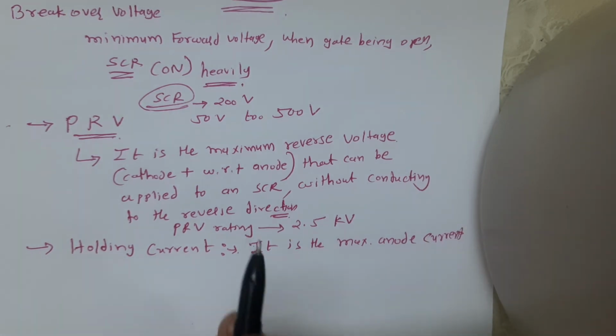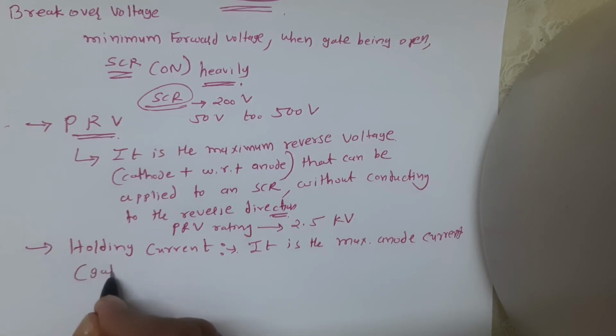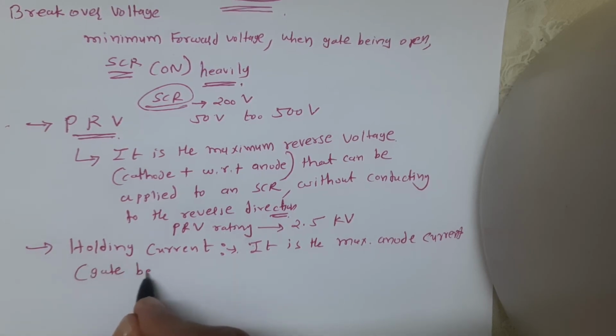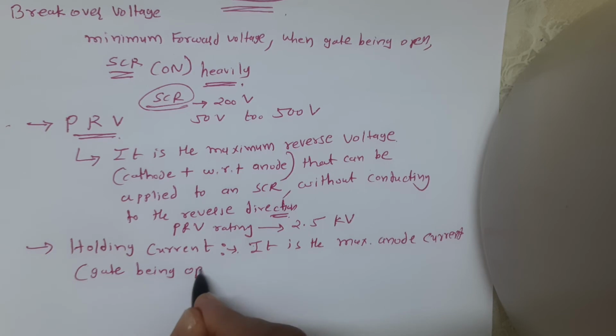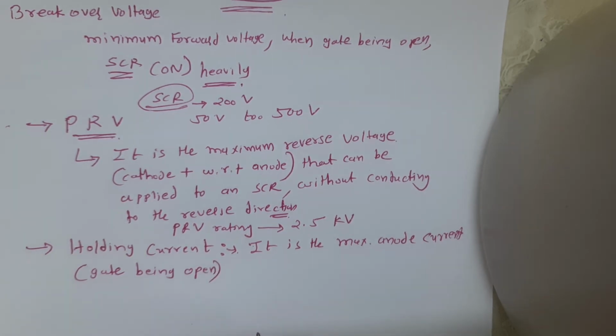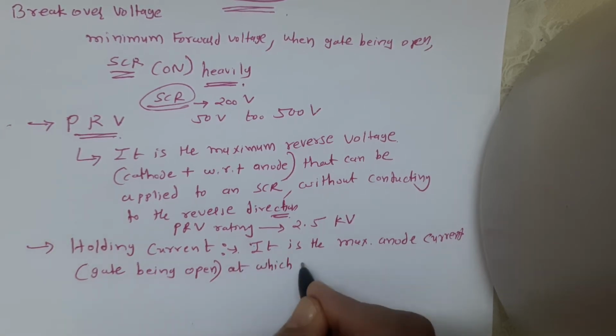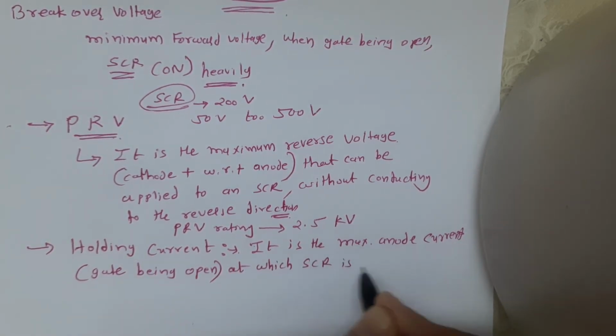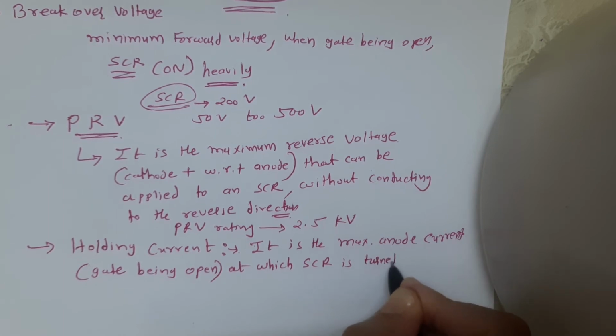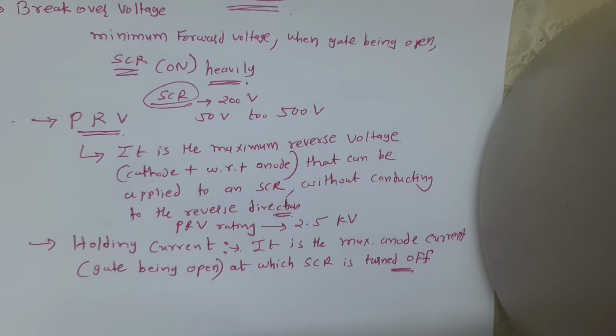It is the maximum anode current, gate being open, at which SCR is turned off from the on condition.